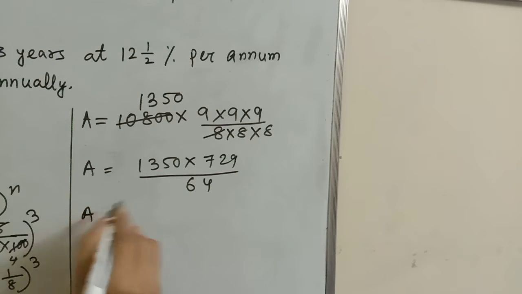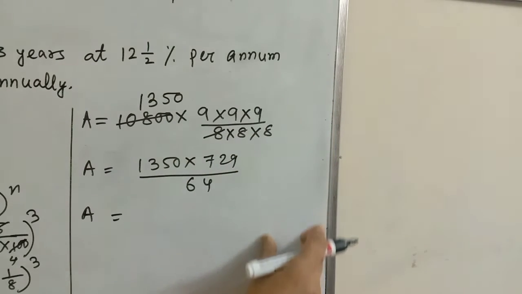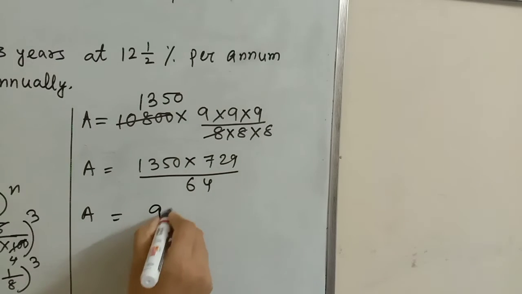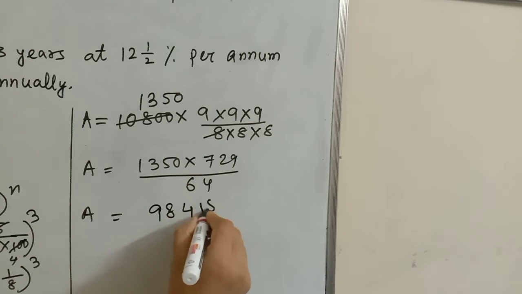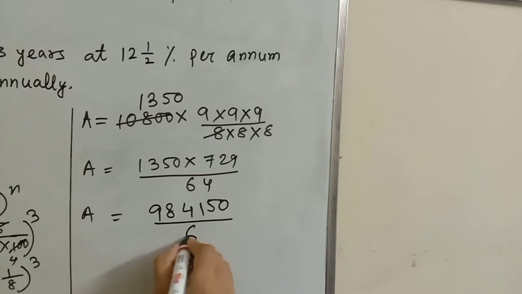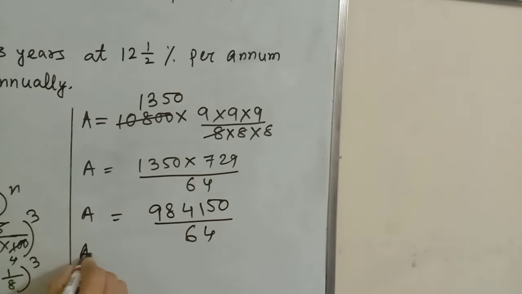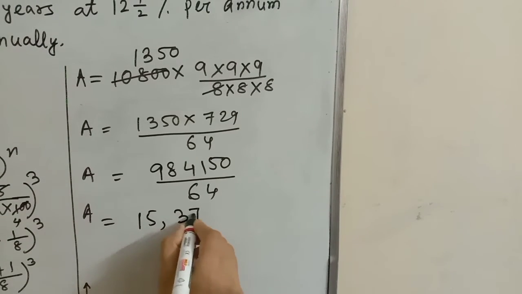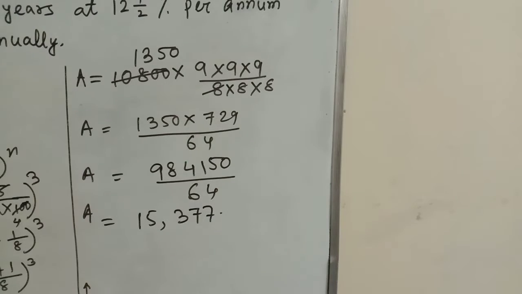Multiply this. You will do this multiplication and the division, whatever the rough work, please do it on the right side of your copy. Now it will be 984,150 divided by 64. So amount is equal to, if you divide, you will get this number, 15,377.34.